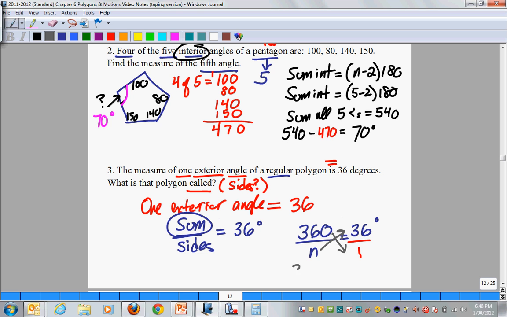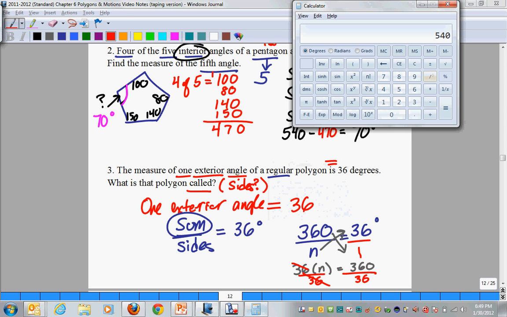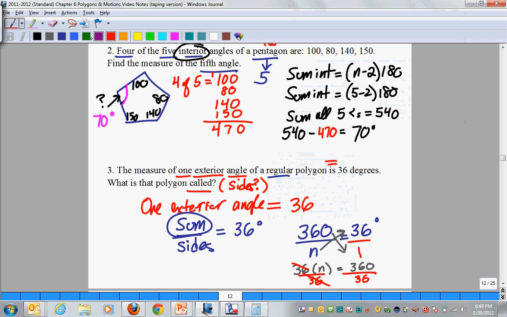I have 36 times n equals 360. So to find the number of sides, I'm going to do 360 divided by 36, and of course that's just 10.